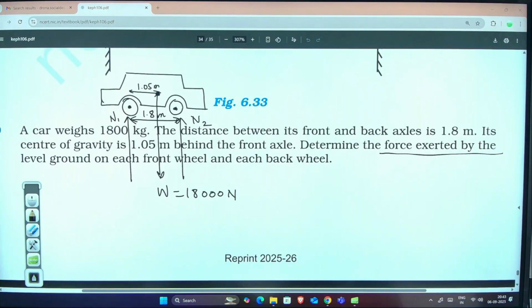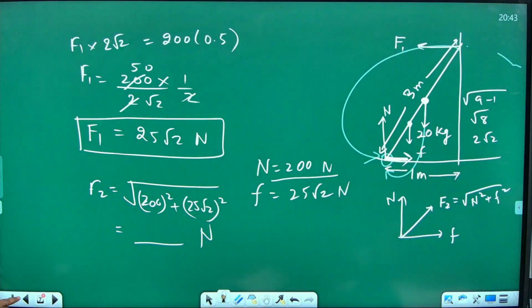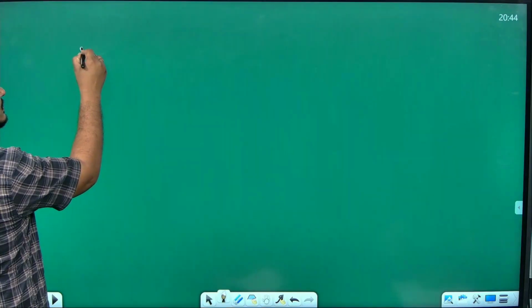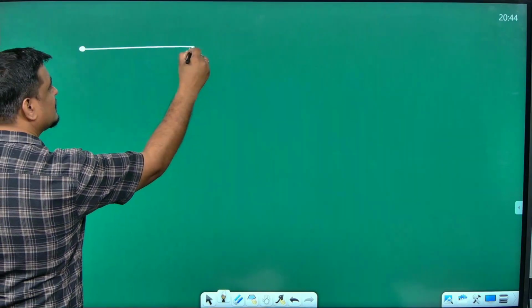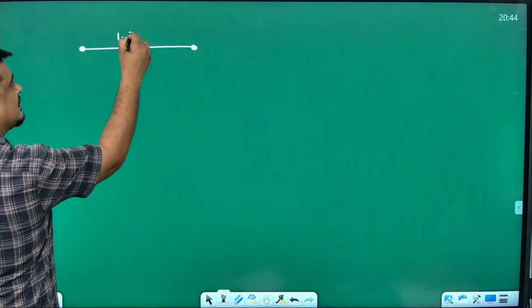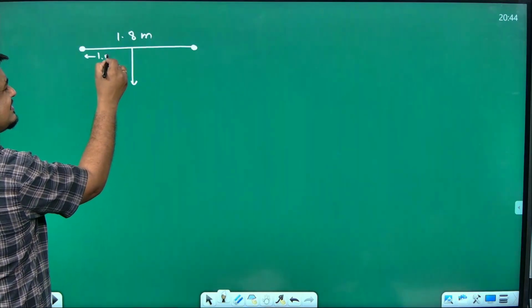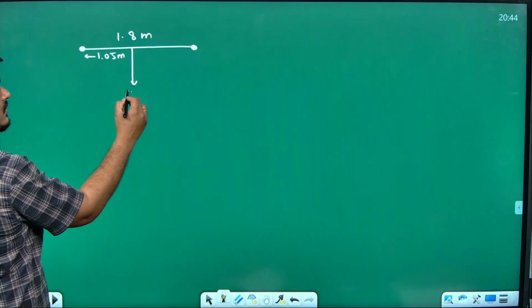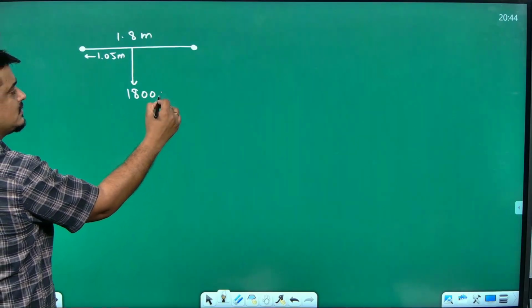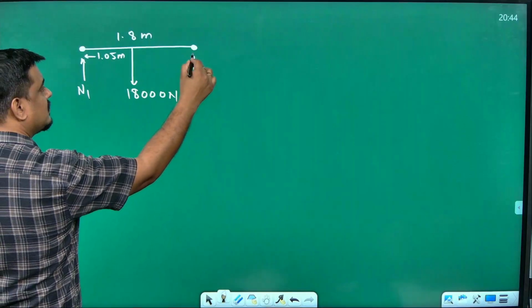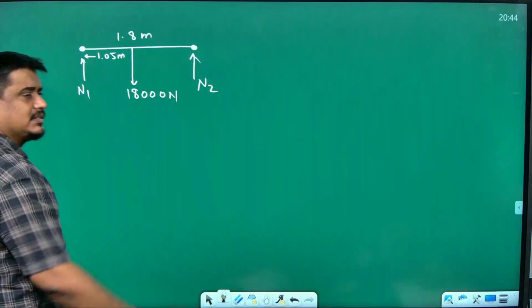Let us check whether it is the same. It will not be the same for sure because it is not in the center position. I will draw the diagram on the board also. That's all, isn't it?